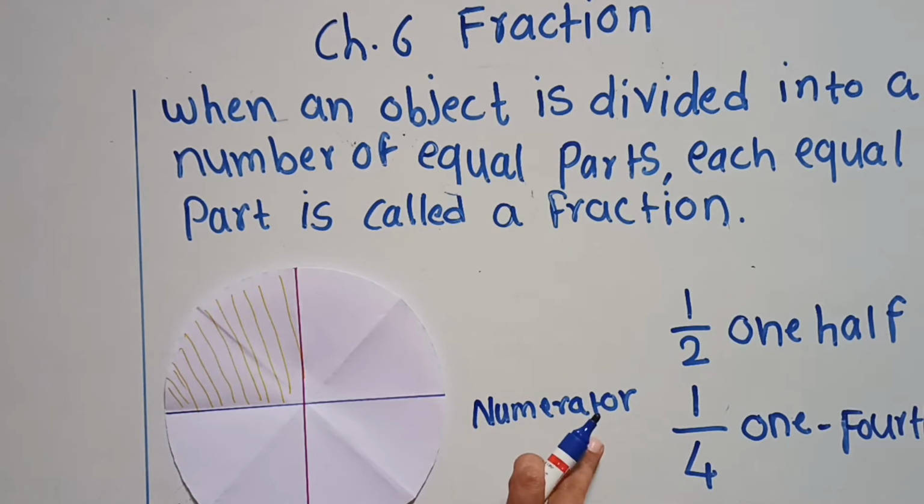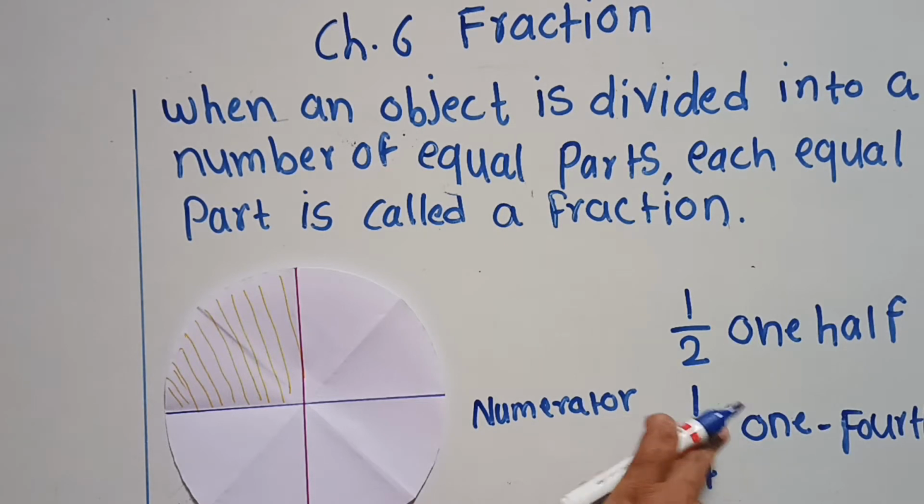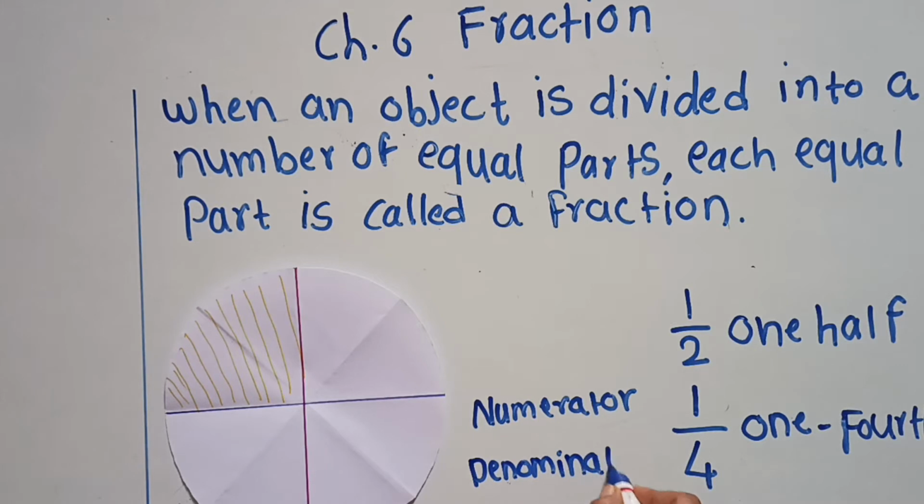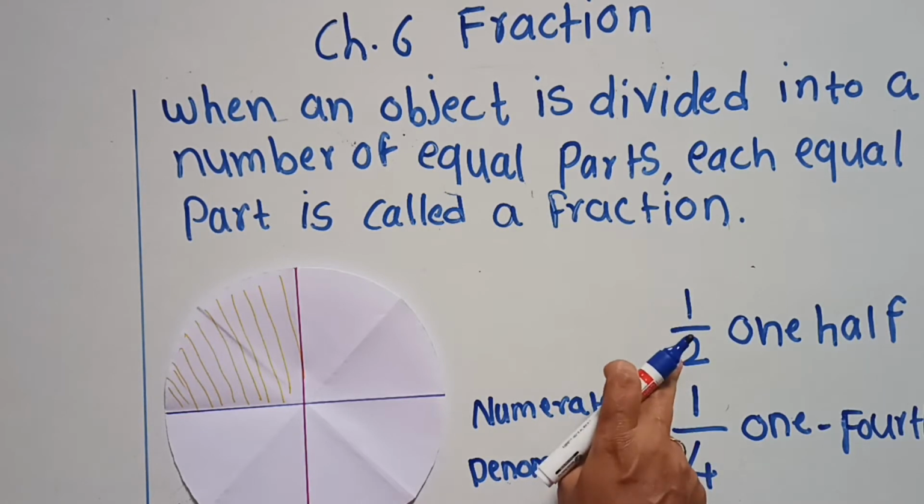As you learned in 3rd grade, the number above the line is called numerator, and below the line we call it denominator. Now it's called a fraction, 1/4, 1/2.